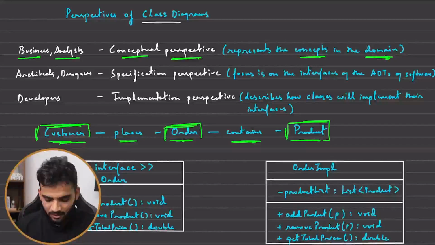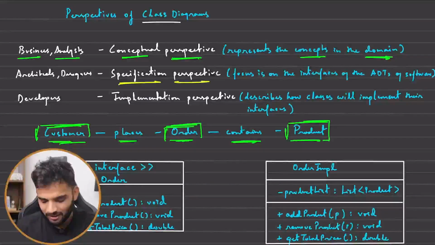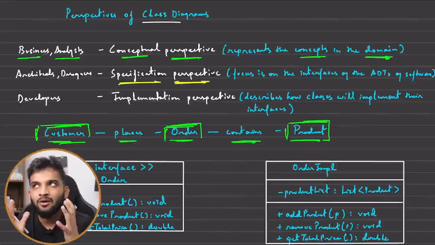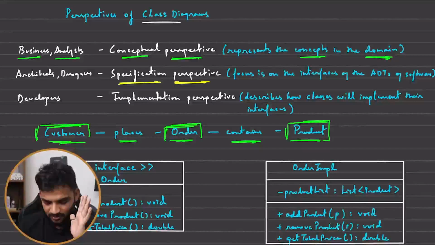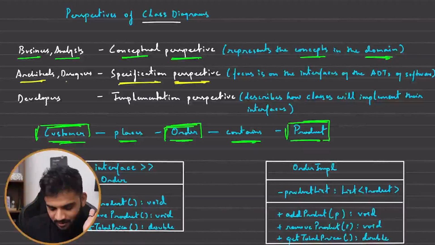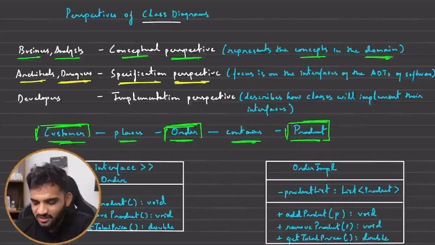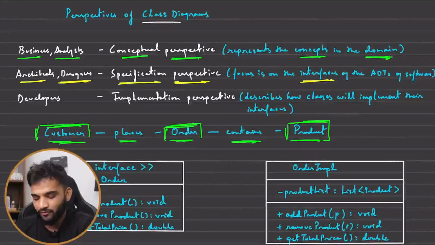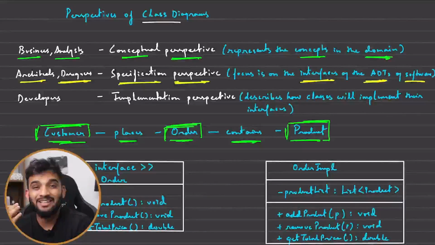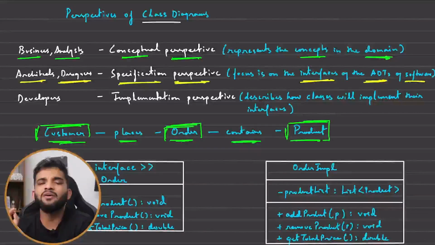All right. Next is the specification perspective. Who needs these kinds of perspectives? Architects and designers. It focuses on the interfaces, the abstract data types of your software. It's very, very important to focus on interfaces, because if you're going to just write classes, it's going to be very difficult to scale.